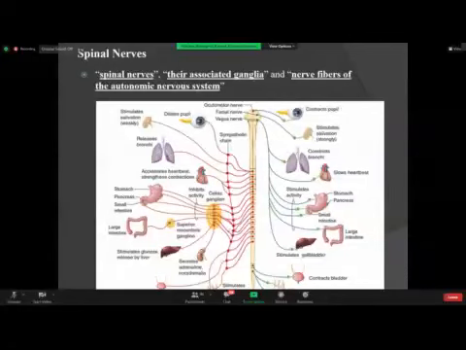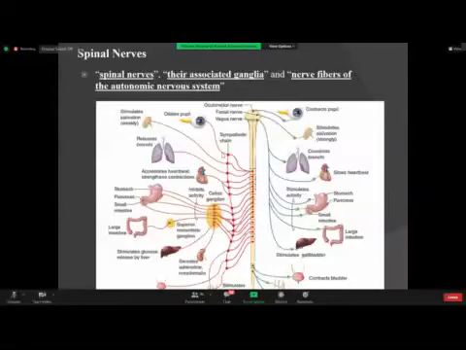So remember the ganglion that we talked about earlier. They form this sympathetic chain, and that sends off the information to the areas of the body which need to function at a particular time.